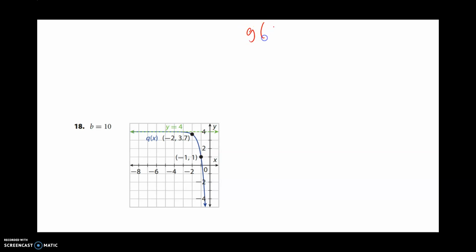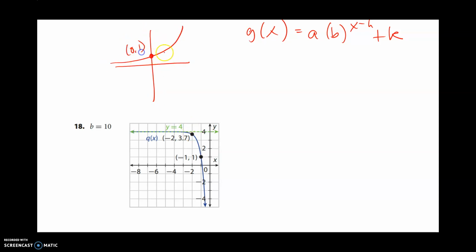And remember, our equation is... Okay, so you need to identify the points that are given, which one of these relates to 0, 1, and which one of these relates to 1, b.